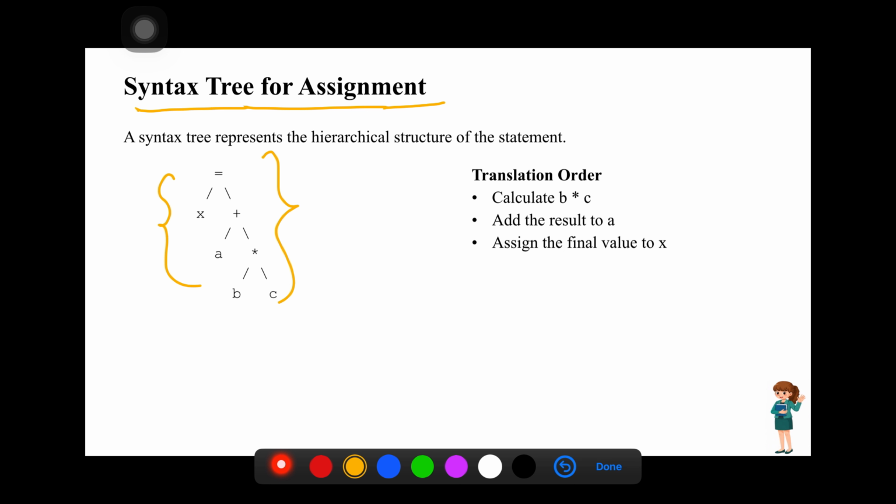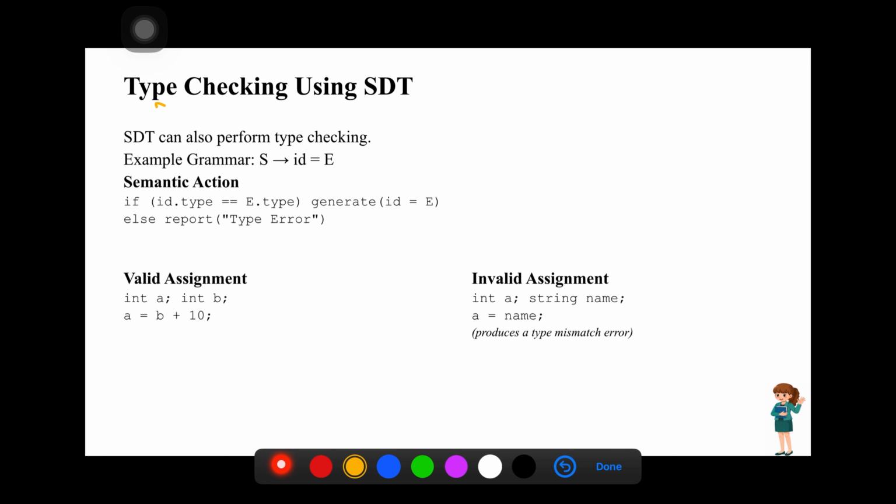The next slide is type checking using SDT. SDT can also be used for type checking. For example, int A, int B, A equals B plus 10. This is valid because both sides are compatible integer values.